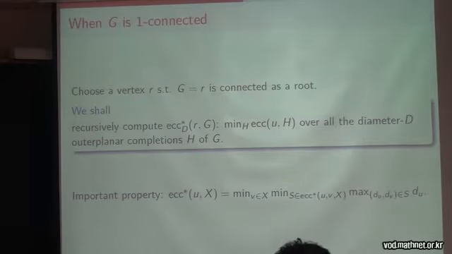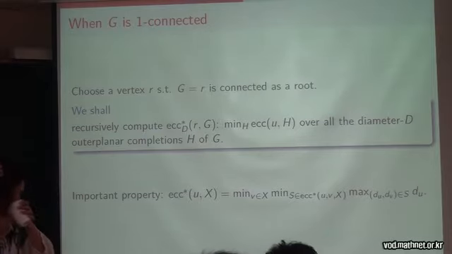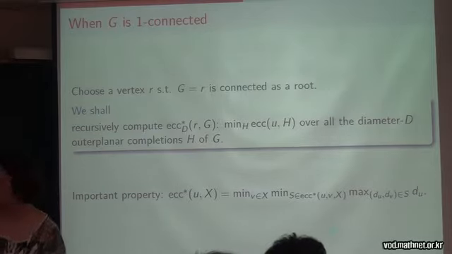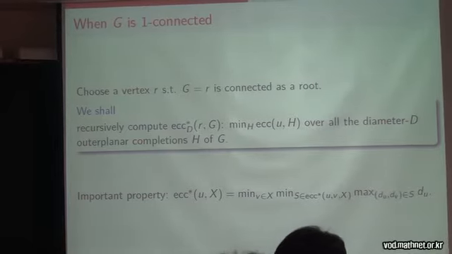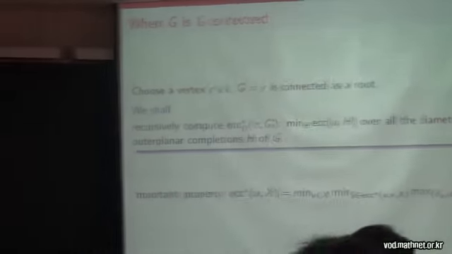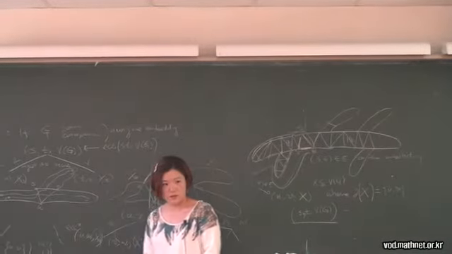Now you may wonder when exactly we add an edge here. If finally you have computed ECC star, which tells you that the diameter is at most d, then you can backtrack the ECC star, which gives you this satisfactory ECC star.